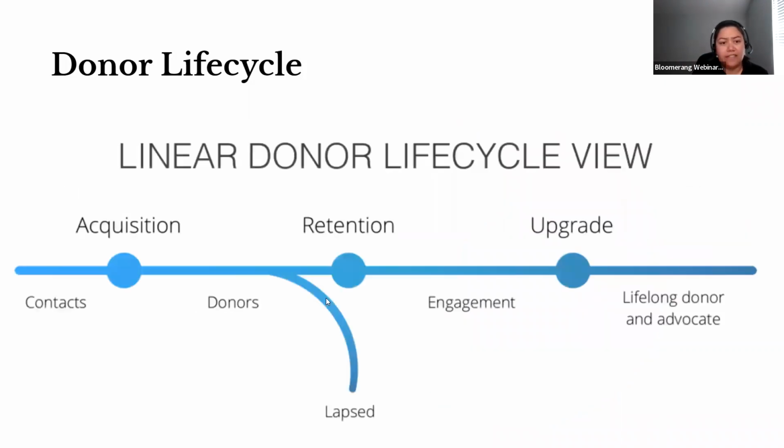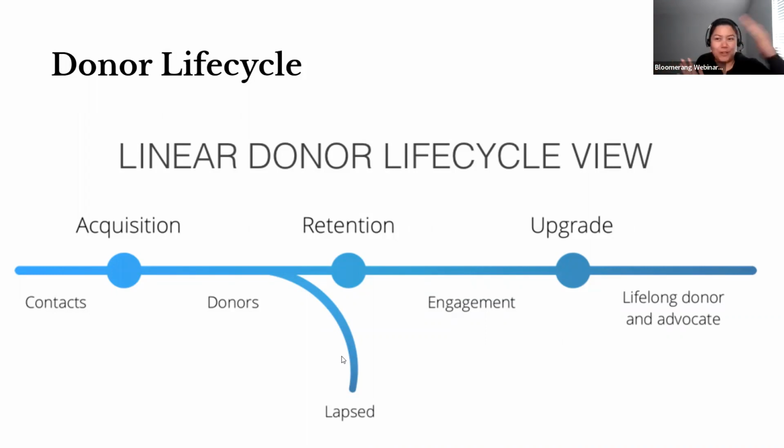Another way to take a look at this is a continuous linear motion. I have a slight preference for this model, because through the stages of engagement, newly acquired contacts should turn into first-time donors. These donors should be cultivated to increase interest, preventing opportunities to lapse. This kind of reminds me, if you're a fan of the MCU and you watch the show Loki, there's several points here where the timelines might diverge.